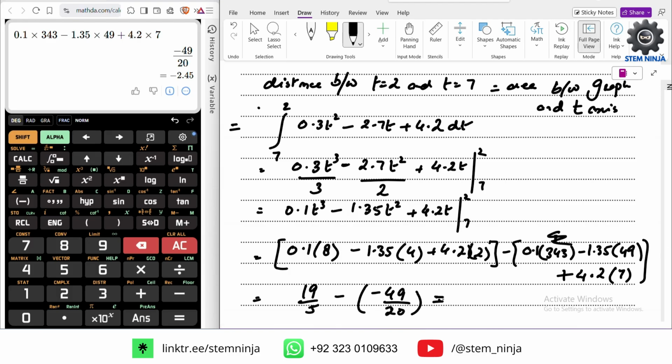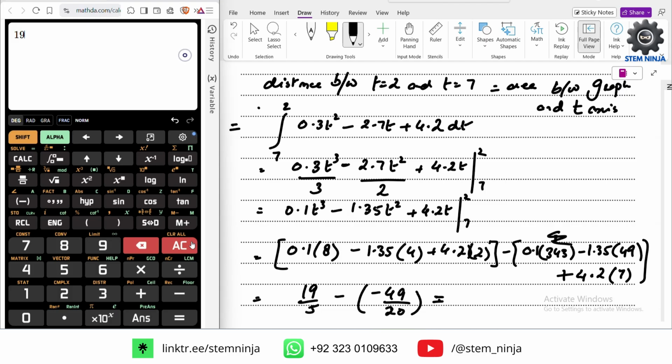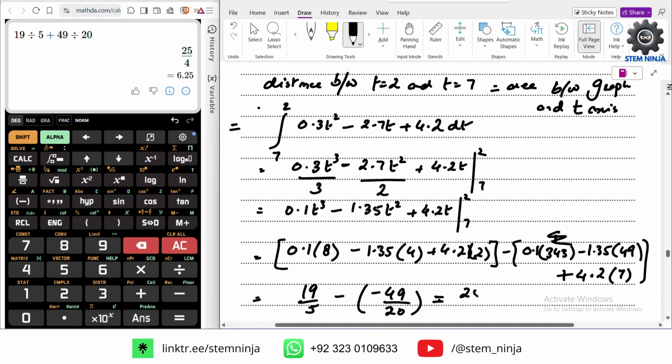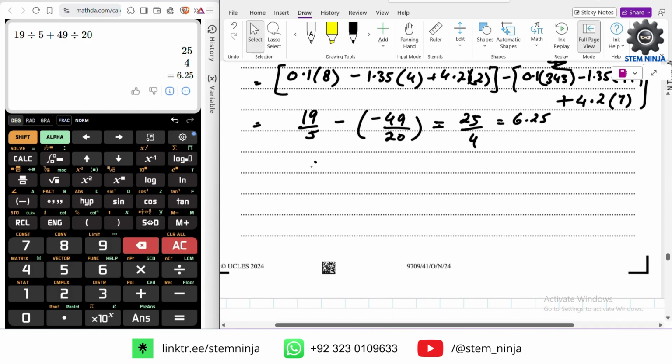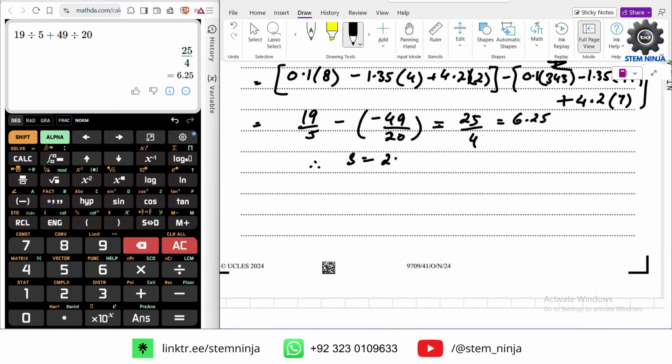So we get 19 divided by 5 plus 49 divided by 20. We get 25 over 4, or 6.25. So that is the distance covered. So hence S is either 25 over 4 meters or 6.25 meters.